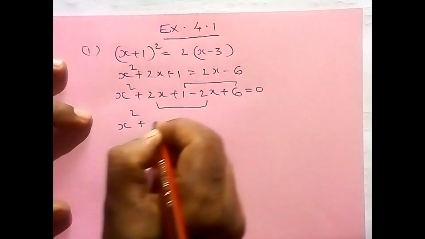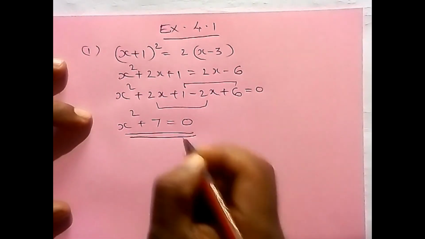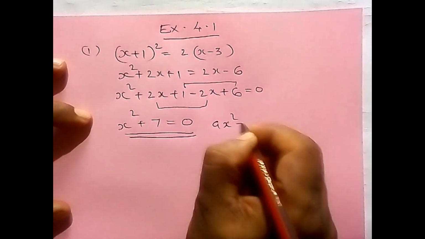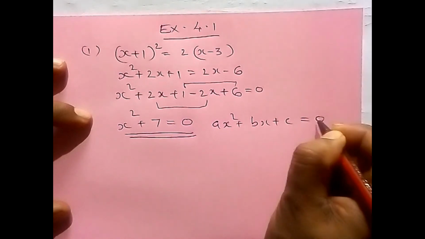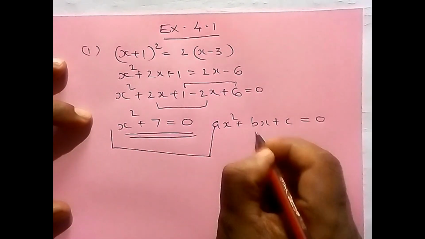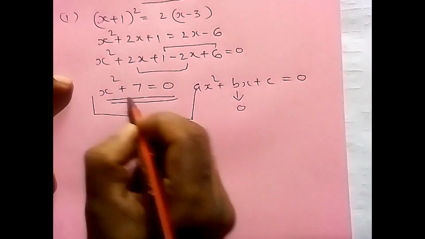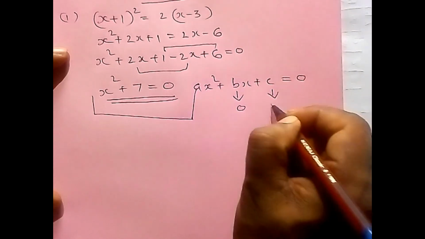So x square plus 7 equal to 0. This is of the form ax square plus bx plus c equal to 0, where a is equal to 1, b is equal to 0 since there is no term of x here, and the constant term is 7 here.